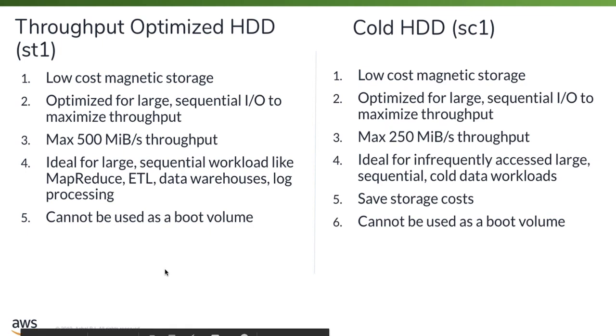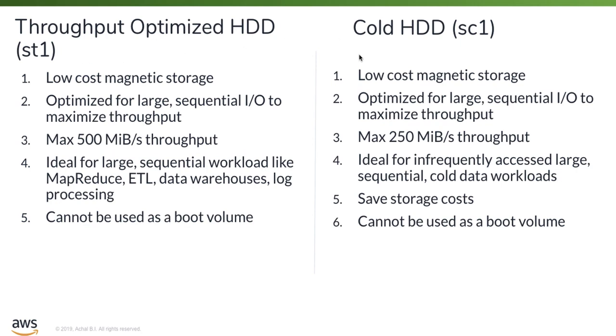So there are hard disk based volume types which I mentioned earlier. They are low cost magnetic storage. If you are looking for huge throughput and to save some cost, then you could always go with these two options. If you're looking for high throughput, go with throughput optimized HDD.